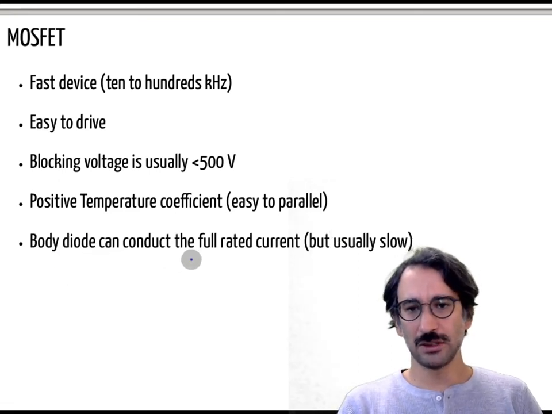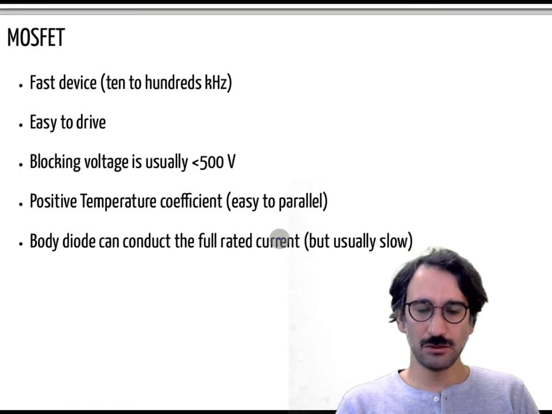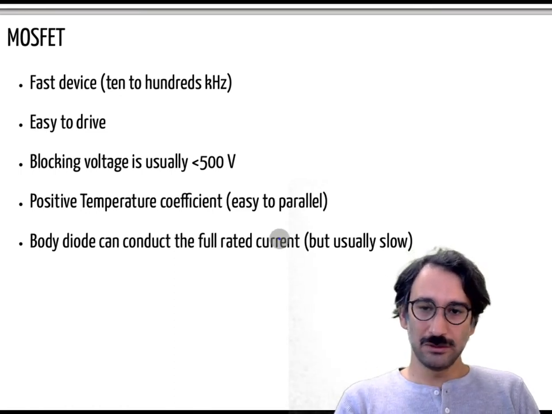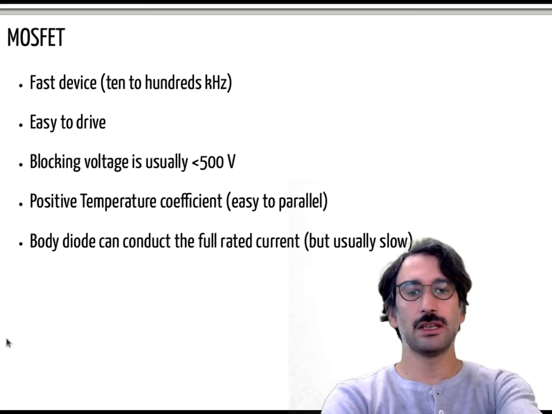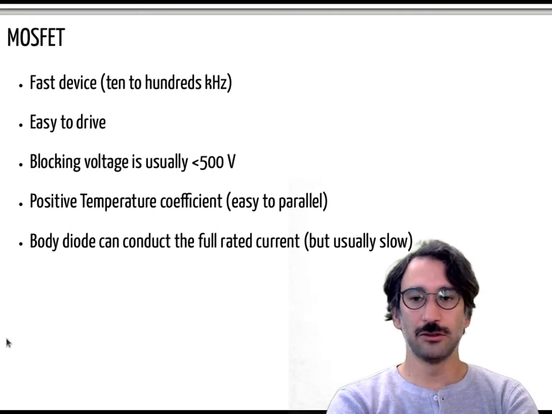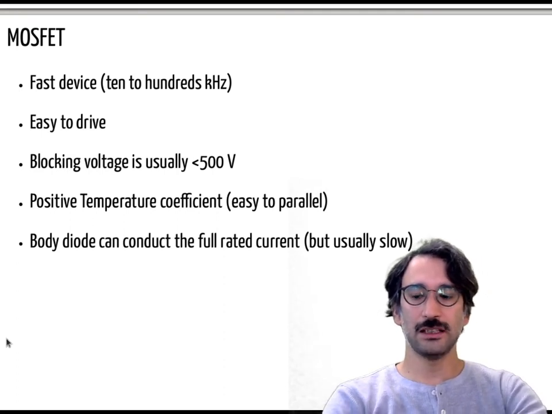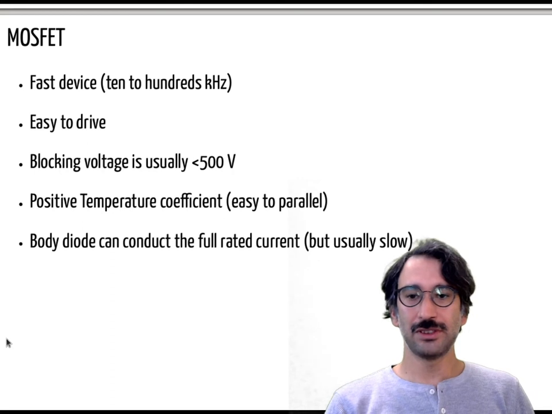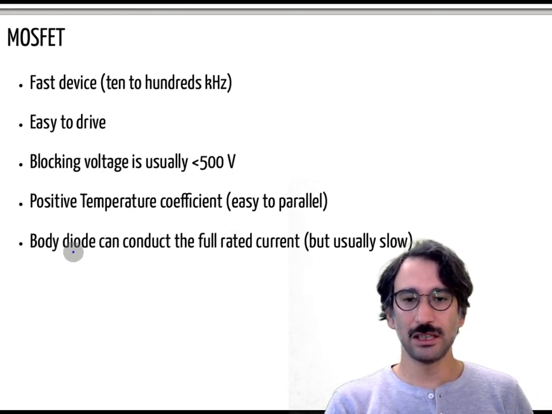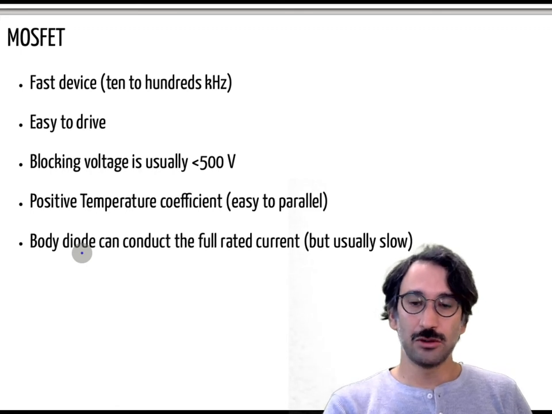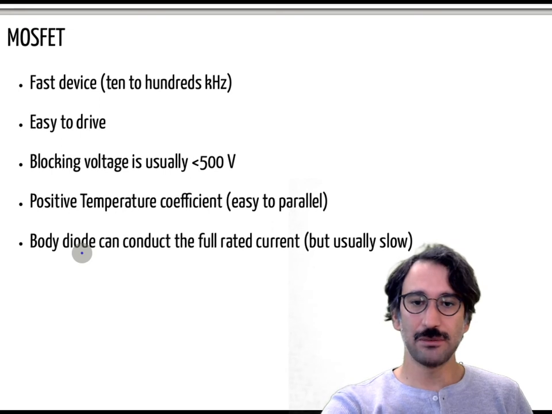The body diode can usually conduct the full rated current, and it will help you for the freewheeling application. But usually that diode is kind of slow. So if you are working at higher frequencies, even if there is the body diode, you can connect an external diode, so it will be faster and more efficient than the body diode.